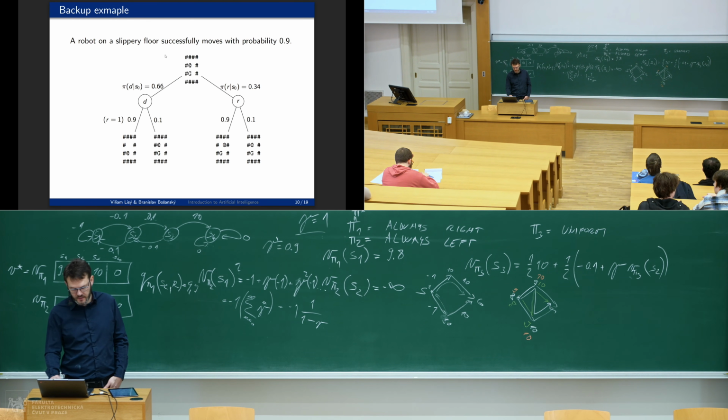Okay, so here is an example of the backup. So it again follows the backup diagram. If you have the robot on a slippery floor, which is trying to get to the goal, your policy can be down or right. Like you go down 2/3, right 1/3. If you try to go down, there is 90% probability that you will succeed and you will get the reward.